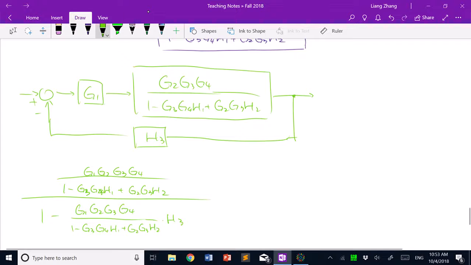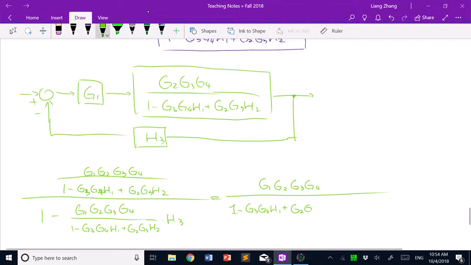All of them, G1, G2, G3, G4, over 1 minus G3, G4, H1, plus G3, H2, G2, G1, H3 multiply, the middle big one. Of course, you organize the terms, again cancel the denominator on both sides of this fraction.